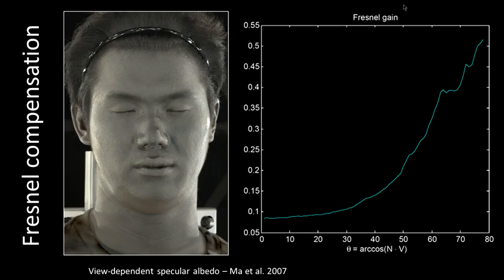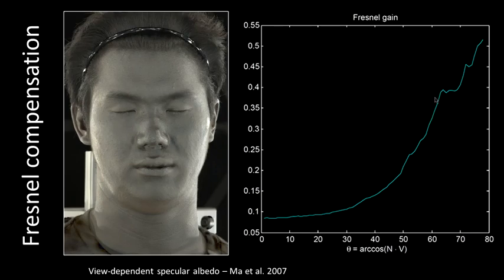What we need to compensate for is that we really want our maps not to get brighter around the edges. Since we have a record of the surface normal everywhere from our gradient illumination, we can tabulate the brightness of the reflection versus the angle away from the camera, and then figure out for the face, in a data-driven way, how the brightness increases as you curl away from the viewpoint.